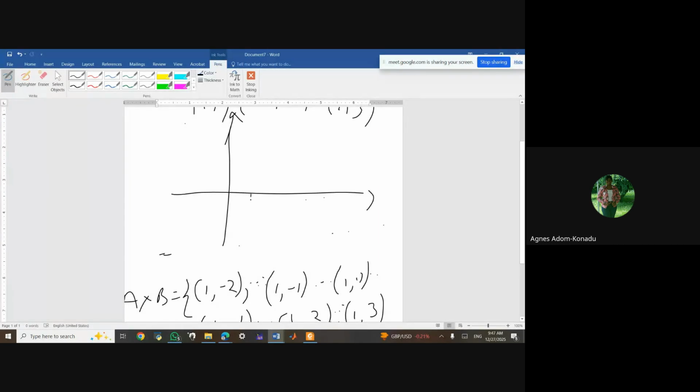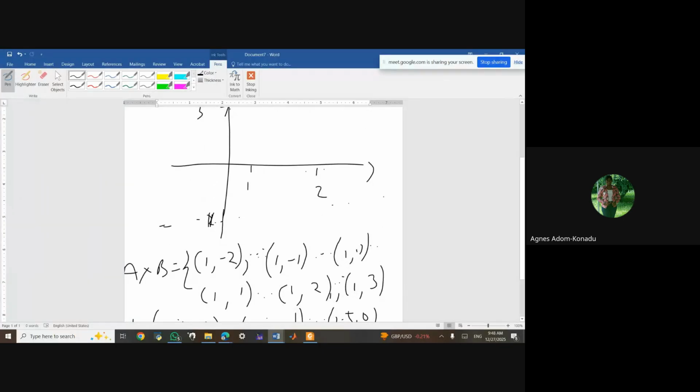For the first one, I have 1, maybe I have 2 here, and for this one I have -1 and +3. Sorry, this is supposed to be 1 and 2. So the first one I will choose is -2. Are you with me?